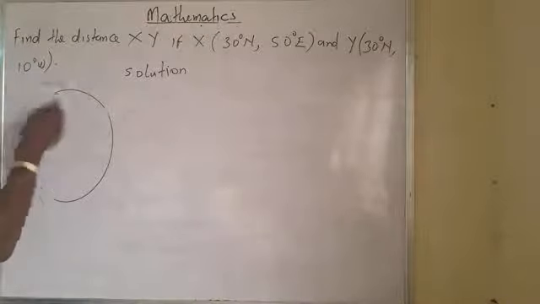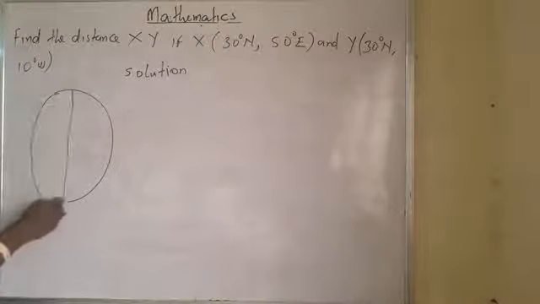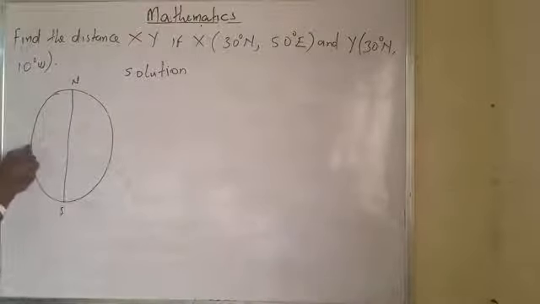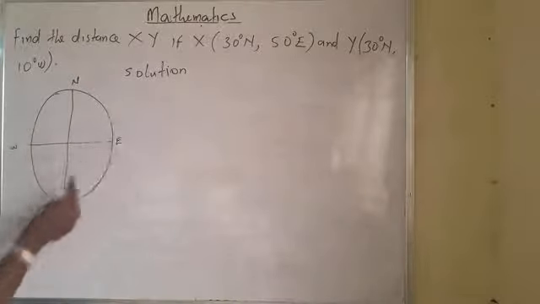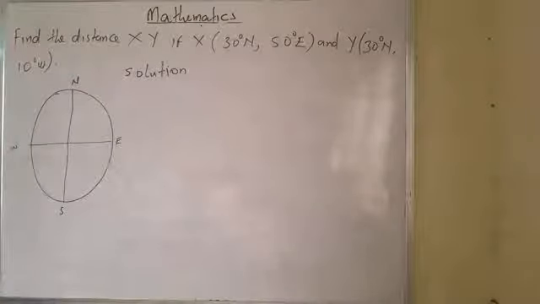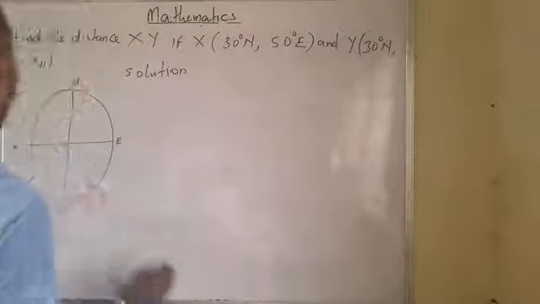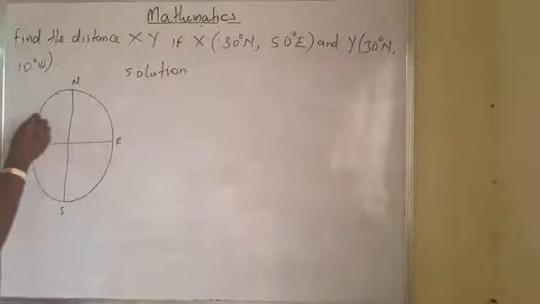Don't forget, for better understanding, generate your North Pole and your South Pole, and also West and East. Very, very important. Now, the question says x is 30 degrees north, y is 30 degrees north.